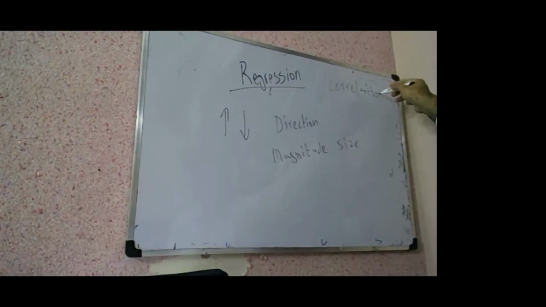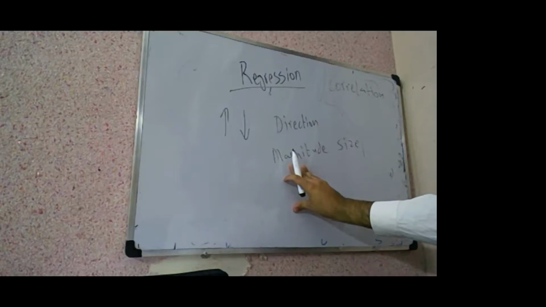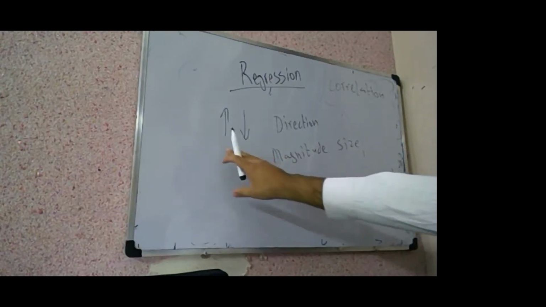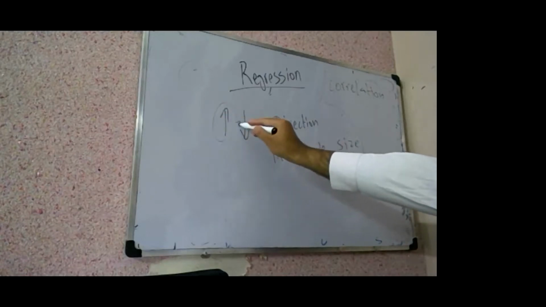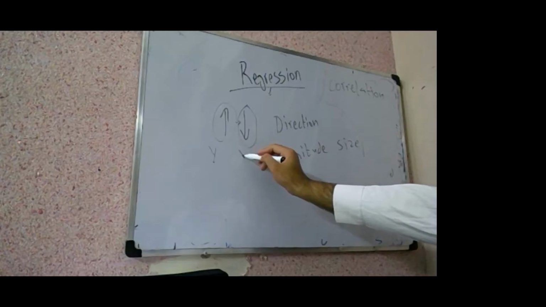Then why do we choose regression? When I say direction and magnitude, it also shows me how the direction of one impacts another. So this is the direction of, let's say, y, and this is the direction of x.